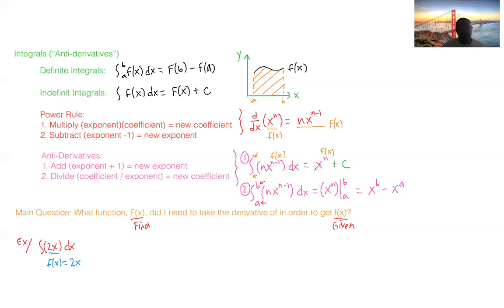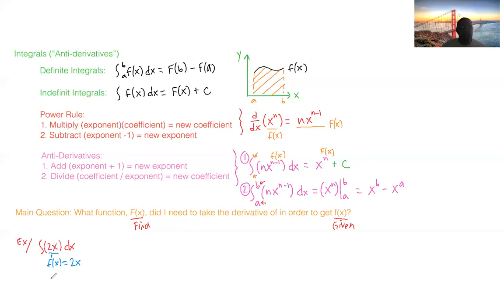When you're looking at this example, think of the function you're given as the derivative. And now you're going to ask yourself, what function, big F of x, do I need to take the derivative of in order to get this?